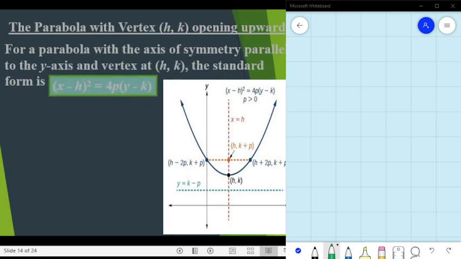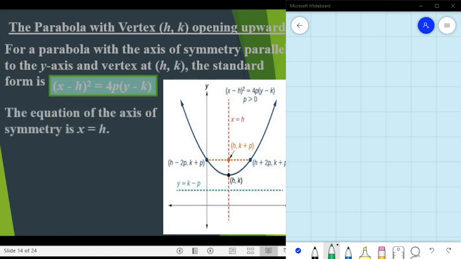So for this, the parabola with axis of symmetry parallel to the y-axis. So ang imong axis of symmetry is kani, which is parallel to the y-axis with vertex (h, k). So the standard form is quantity (x minus h) squared is equal to 4p quantity (y minus k).